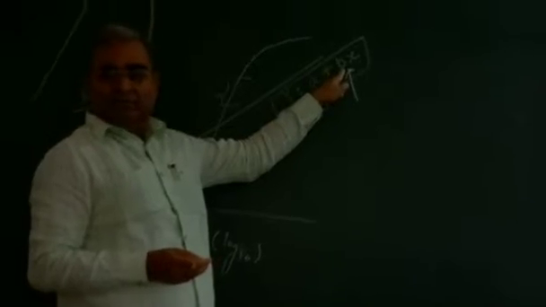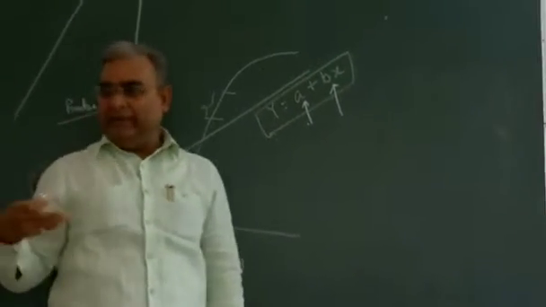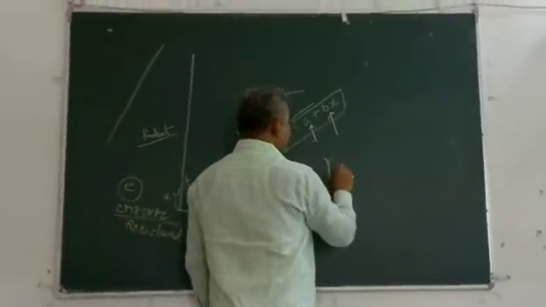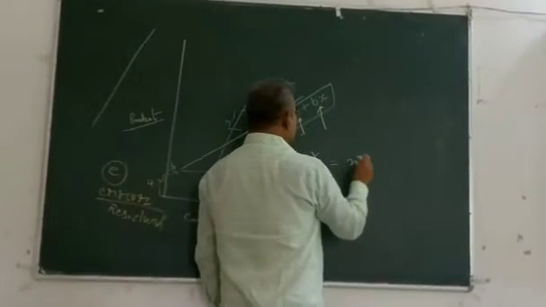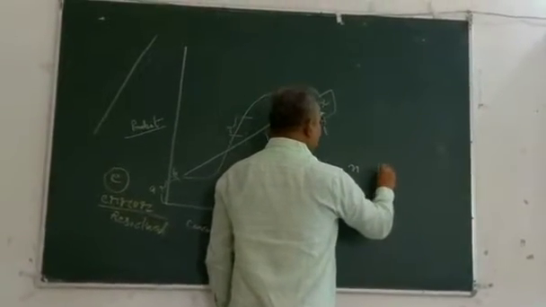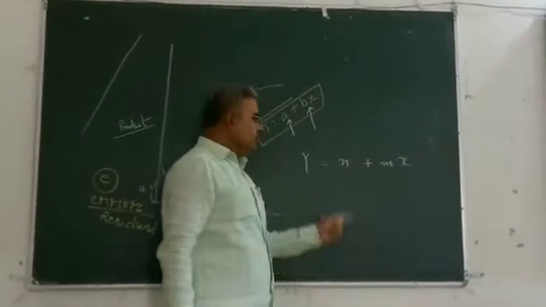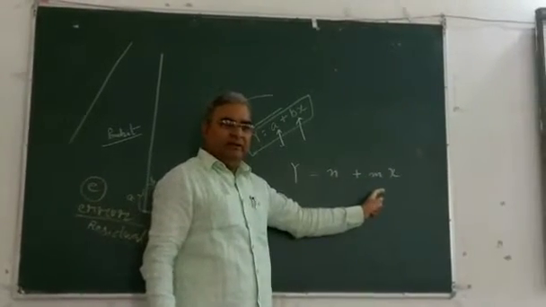Suppose any value whatsoever, some arithmetic value, some number will come. You write here y बराबर, whatever value comes, suppose n, plus m times x. n is a numerical value, m is a numerical value.